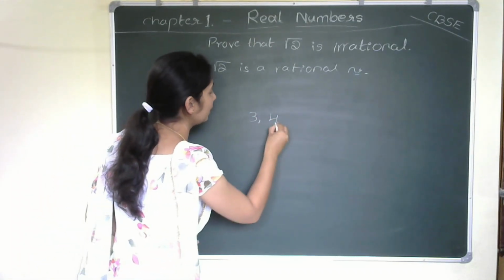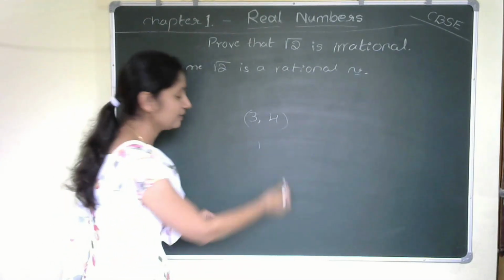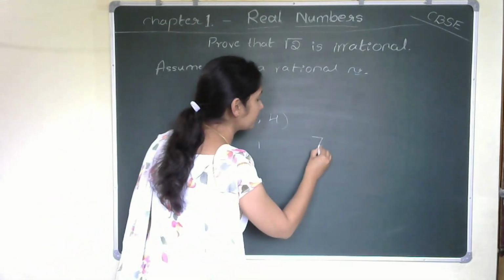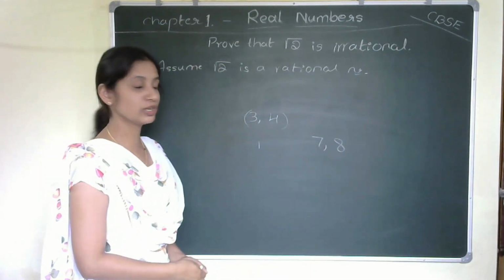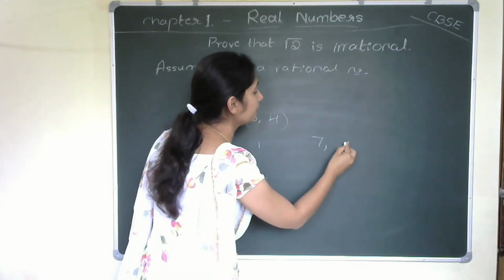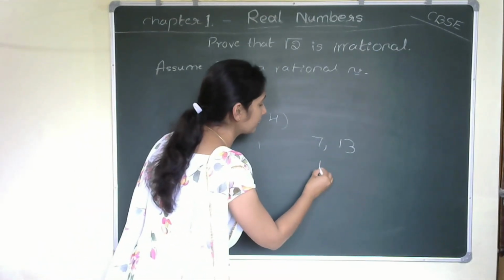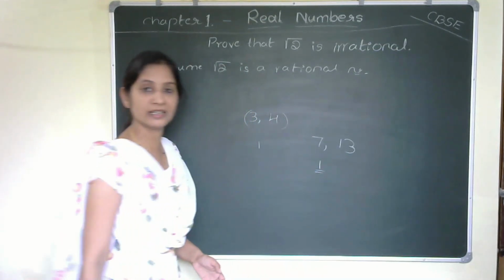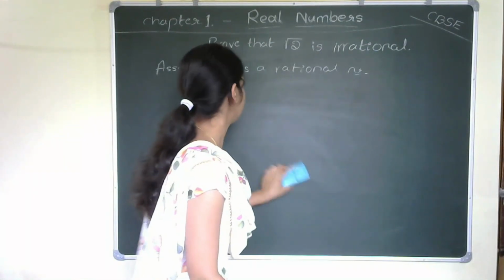For example, 3 and 4, the common factor for these two is 1. Any numbers, 7 and 8, need not be consecutive numbers. 7 and 13 I will take. Yes, it is co-prime because the common factor is 1 here. So these are called co-prime numbers.